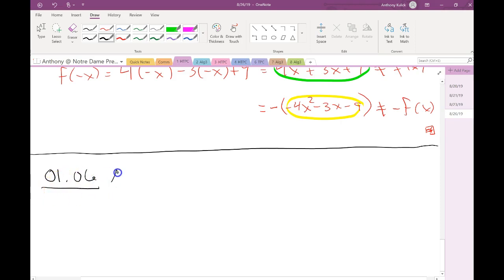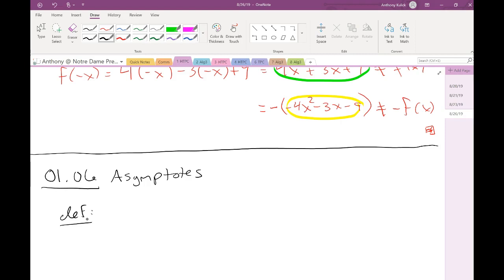On to section 6, which is about asymptotes. Does anyone remember the definition for an asymptote? Perfect.